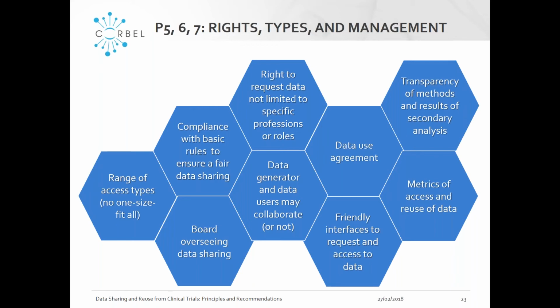Of course, we should ask people requesting and reusing data to comply with the same standard of transparency as the primary data generator applied. So all the methods and results of secondary analysis should be made publicly available, irrespective of the fact that they will come out in a scientific publication or not.